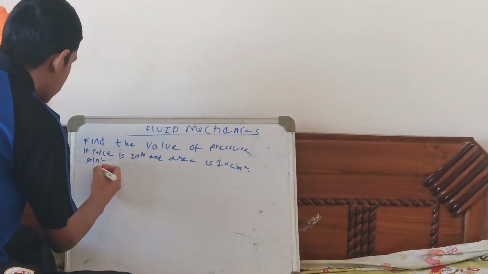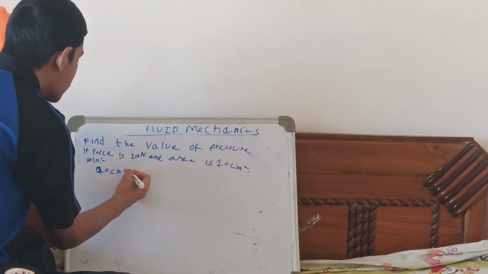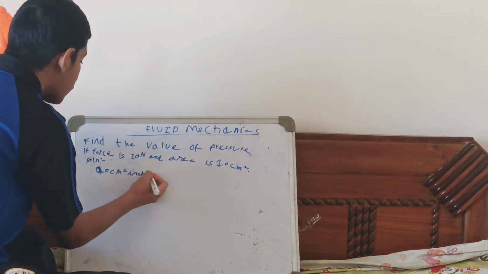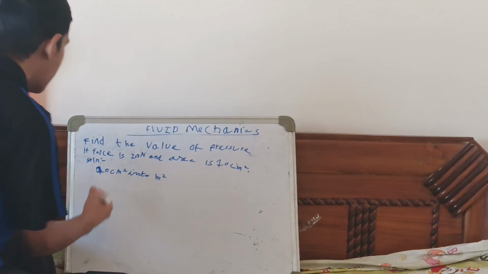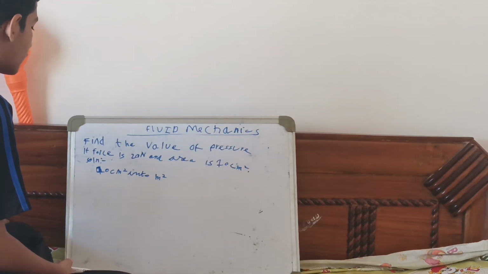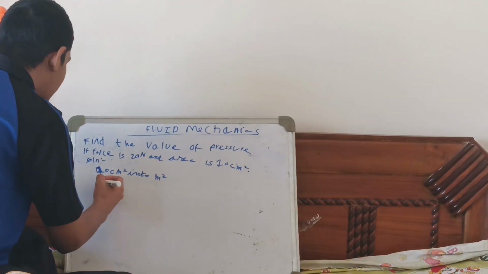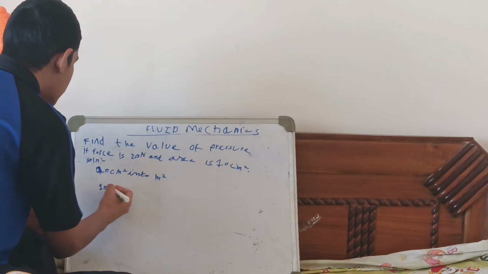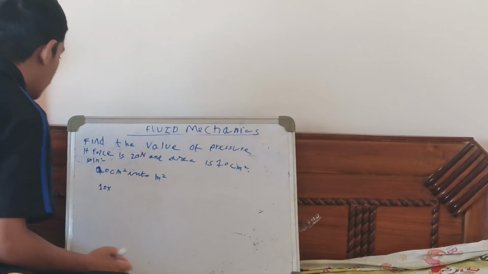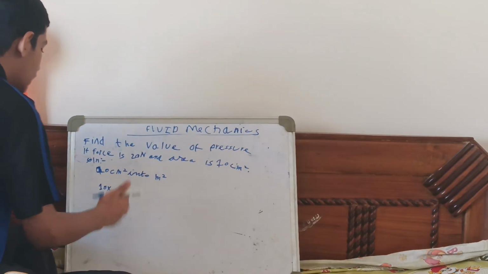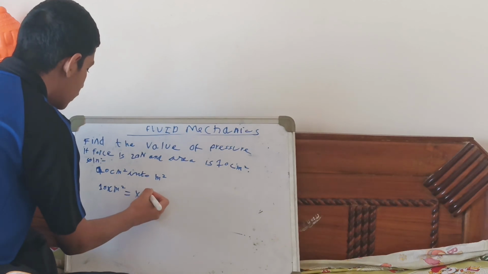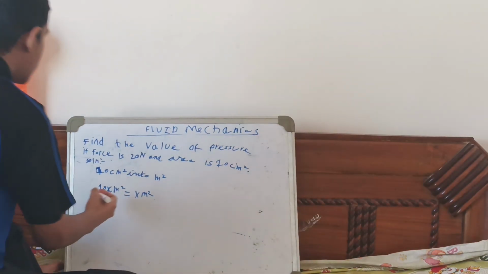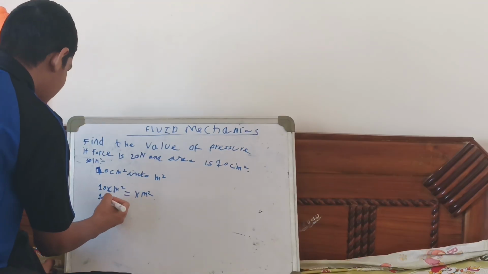See, first you must convert 10 centimeter square into meter square. The value of centi is 10 power minus 2. Let 10 centimeter square be x meter square, and we know the value of centi is 10 power minus 2.